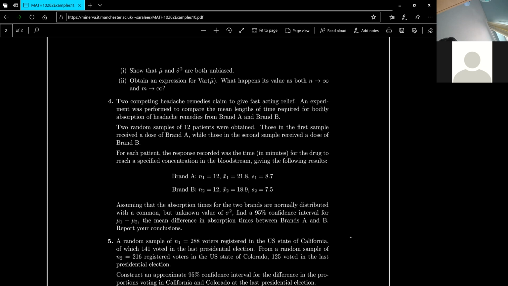So in this question, you have two brands, A and B, and you are given the sample sizes, the sample means, and the sample standard deviations. The question is to find a 90% or 95% confidence interval, assuming that the common variance is equal but unknown.